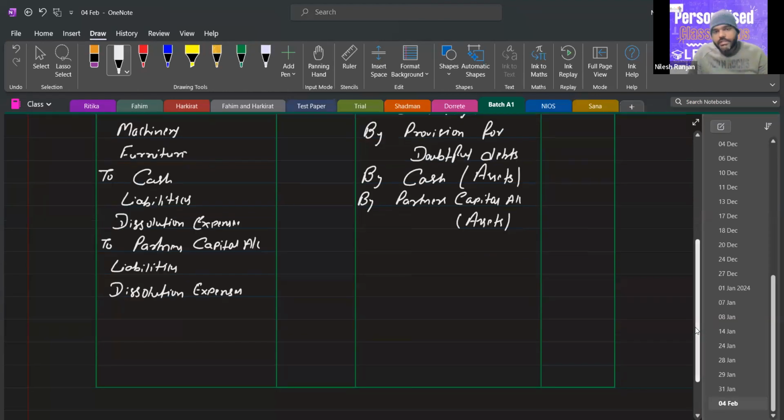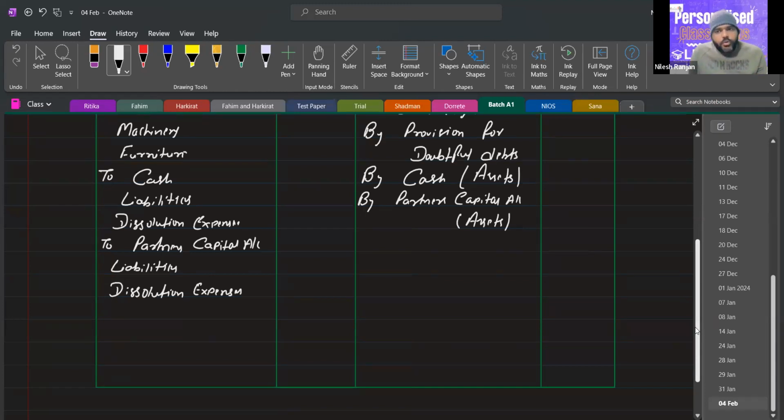Sometimes in the question you will find unrecorded assets or liabilities. Okay, sir. So where will it go? Will the unrecorded assets come on the credit side during realization?